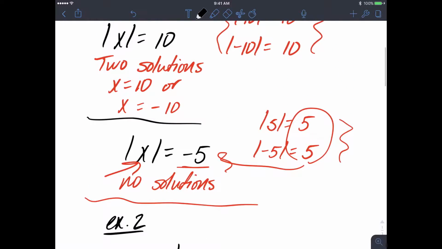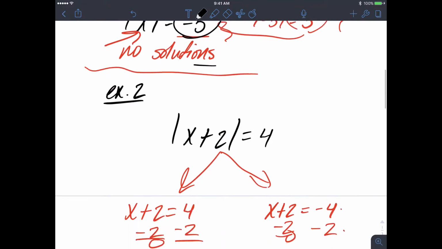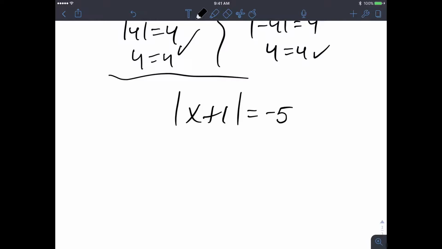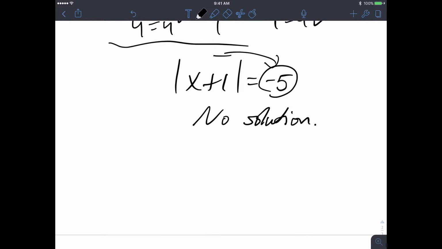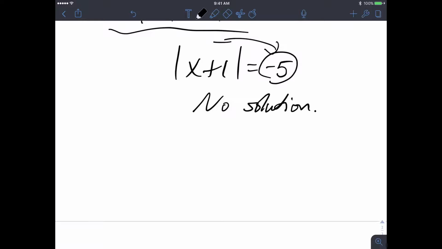If you remember, back to this example right here, when we had an absolute value equal a negative, there was no solution. It's the same thing here. We have an absolute value equal a negative, no solution. So hopefully you get a lot of those examples and you can finish your work quickly. But you probably won't. Alright, let's move on.